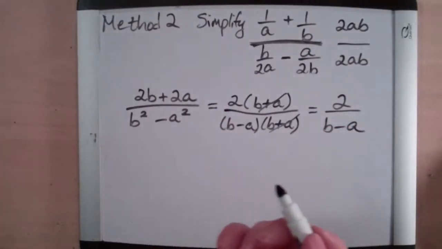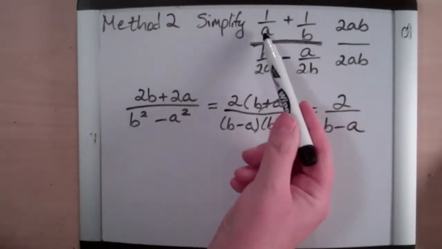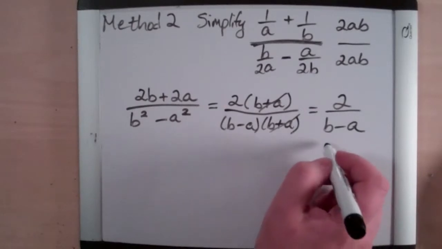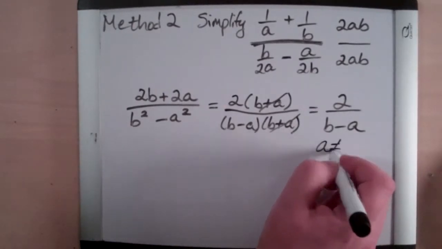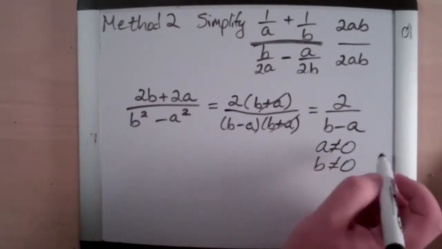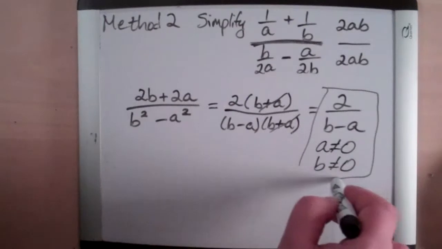And the one thing that I need to do is go back and check these denominators and say, okay, this has the same restriction as the previous version of the problem did, that A is not allowed to equal 0, B is not allowed to equal 0, and now I have a complete answer.